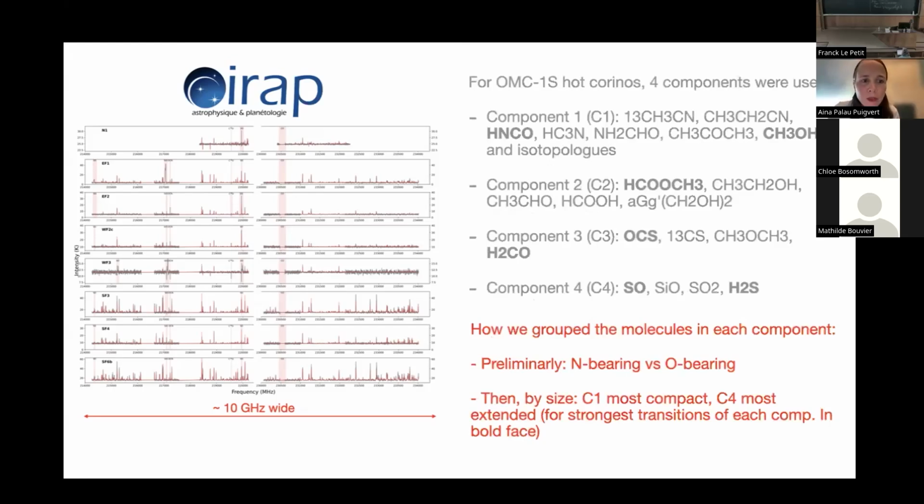So what we did is, for each hot corino, we fit 4 different components. Initially, we grouped them by N-bearing, O-bearing, or S-bearing molecules, but soon we realized that we had to adjust these according to the sizes that we had measured for each transition. So in the first component, we included all the molecules that had, on average, the smallest sizes, and in the fourth component, we included the most extended ones.